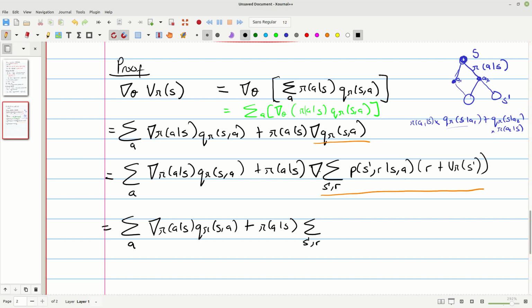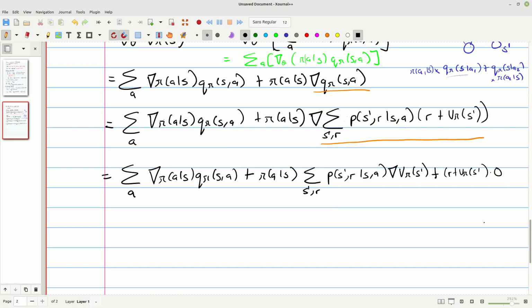So what we're going to do is move the derivative inside, and just compute this using the product rule again. So we'll have the original p(s prime, r given s, a) times the derivative of v pi of s prime, because r doesn't depend on theta, so we don't need to take the derivative with respect to r here. So this is just a constant, plus (r plus v pi of s prime), which is our original, times the derivative of this, which is just a constant, so times 0.